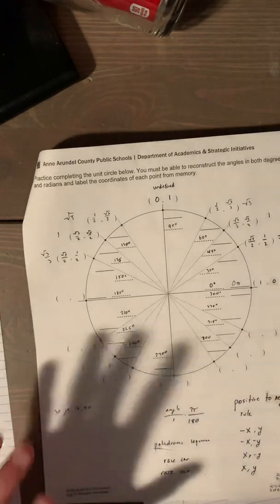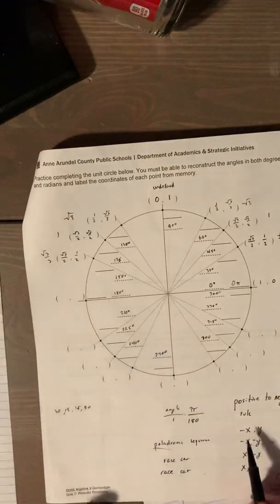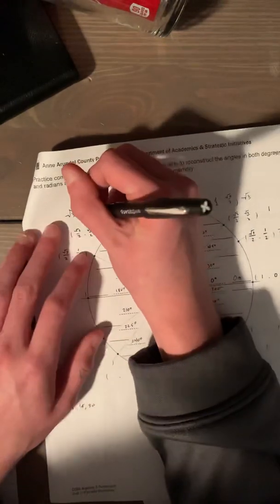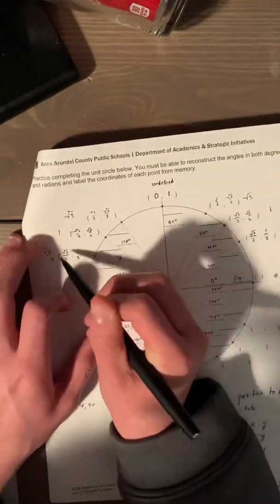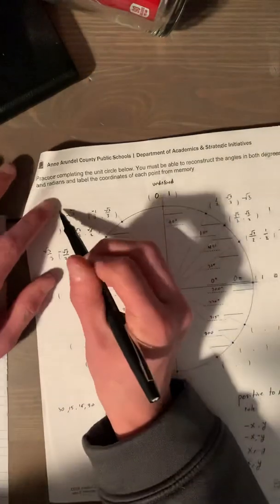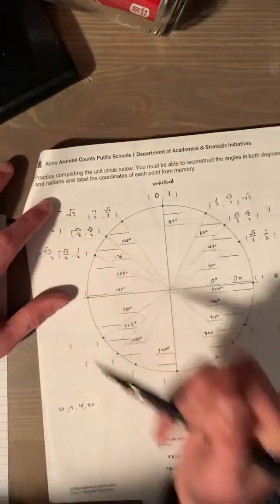So what I meant was, first you switch the sign of the x, then you switch the sign of the y. So this becomes negative 1 over 2, negative square root of 2 over 2, and negative square root of 3 over 2, and that makes all of these tangent values negative.